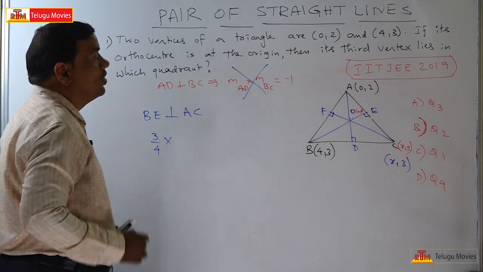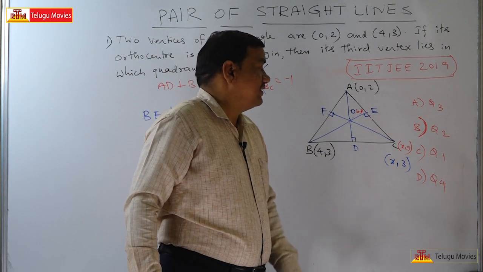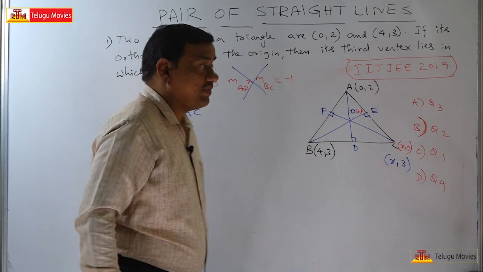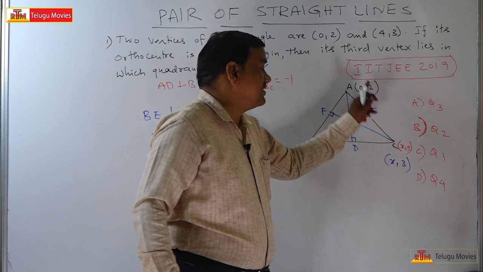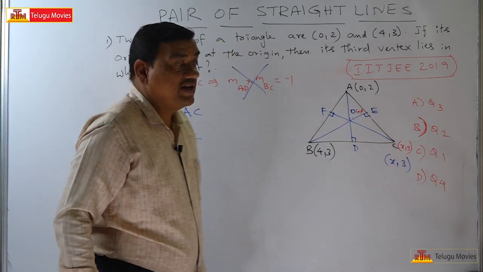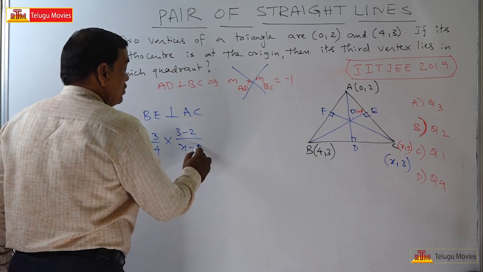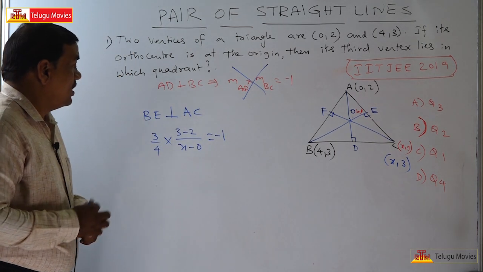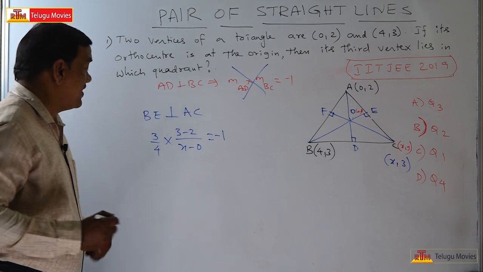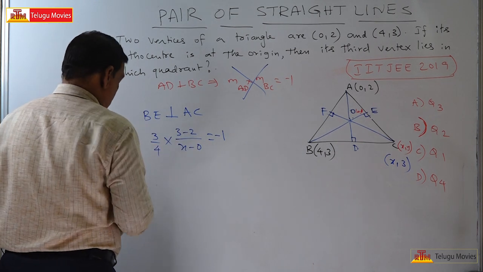What is the slope of AC? It is (3 minus 2) by (x minus 0). The product is equal to -1. Now find the coordinates of x.